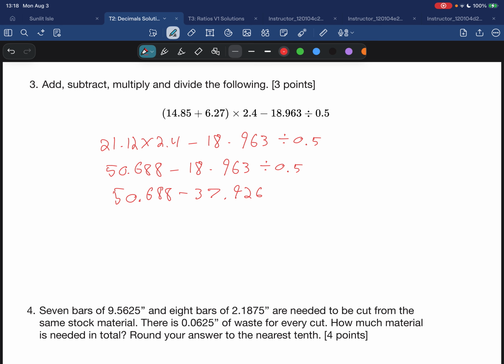And then now I can finally do the subtraction, and I get 12.762. So watch yourselves on questions like this where the order of operation matters significantly.